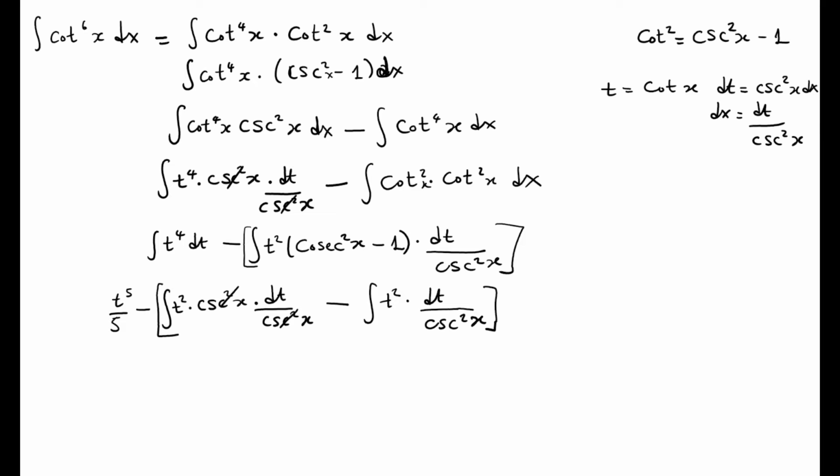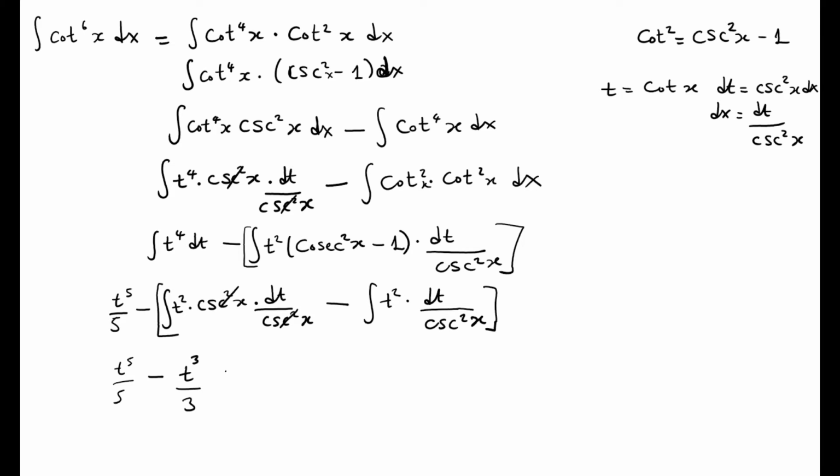Then this one will be t to the power 5 over 5 minus t to the power 3 over 3.